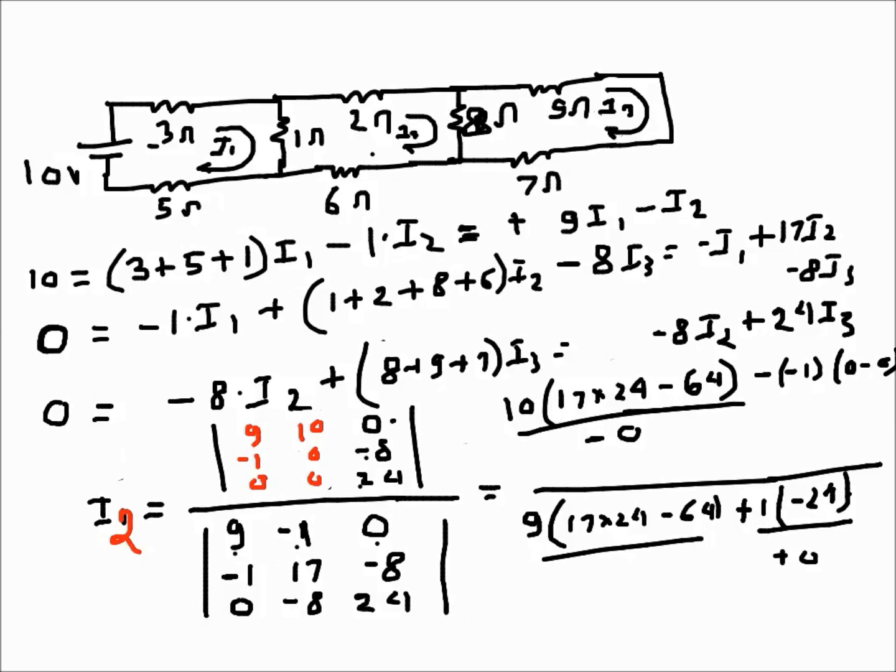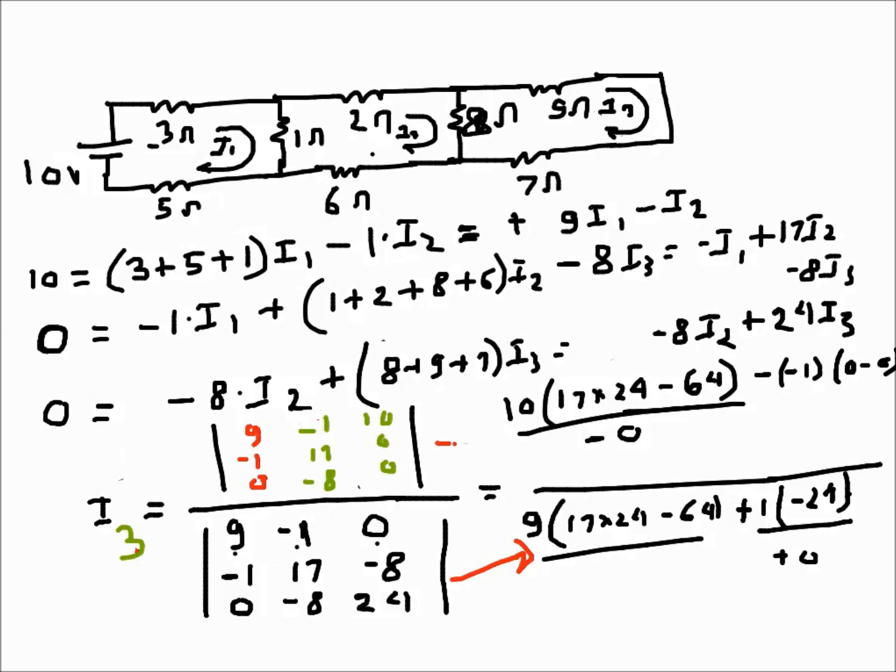Similarly for I3, it's exactly similar. This column will become 10 0 0, and the other columns remain the same, so this one will be minus 1, 17, minus 8.